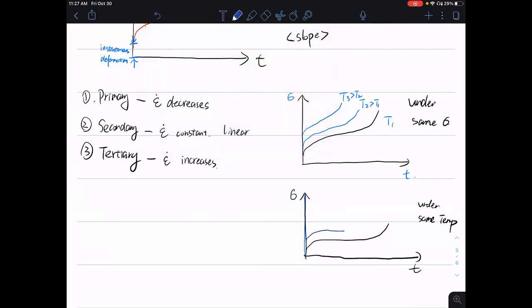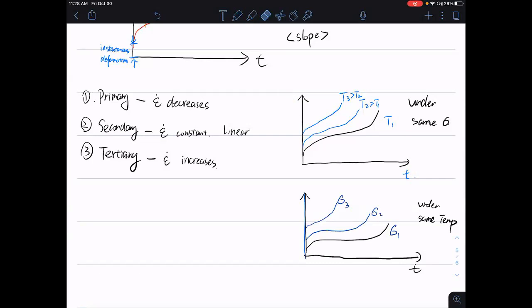You're going to see a similar trend. Now the variable here is stress. Stress 1, stress 2, stress 3. Oops, sorry. Made a mistake here.